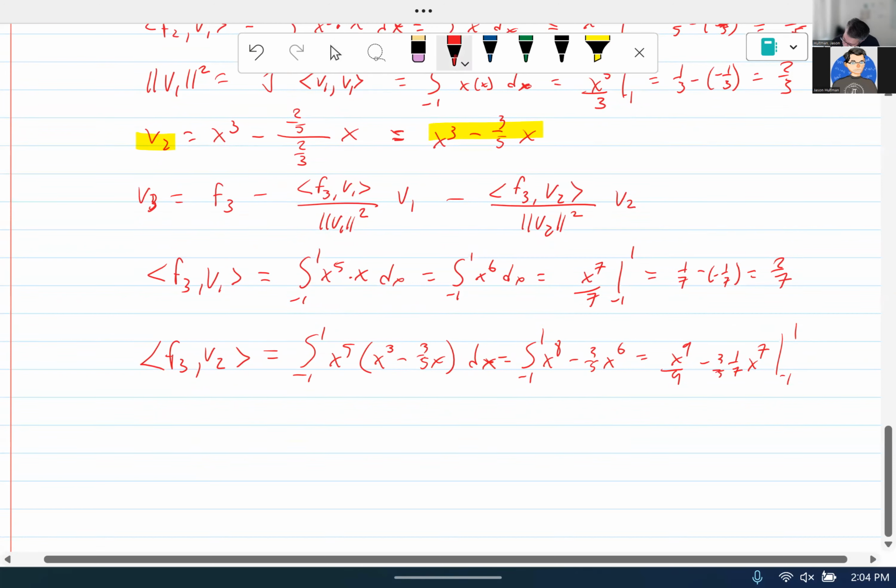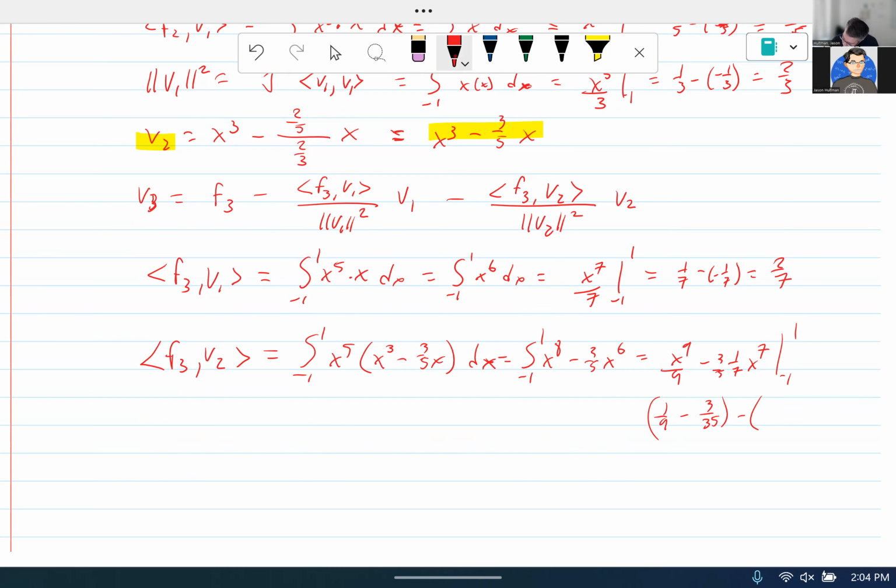If I plug in 1, I get 1/9 minus 3 over 35. Minus, if I plug in -1, I get -1/9 plus 3 over 35.